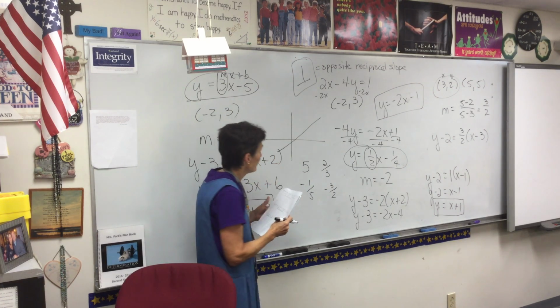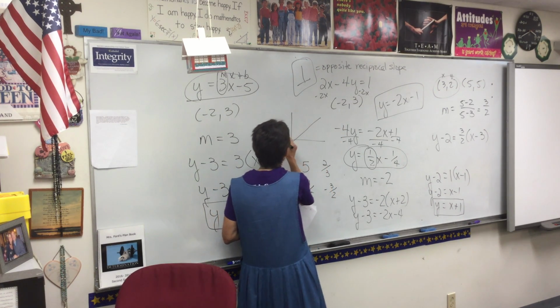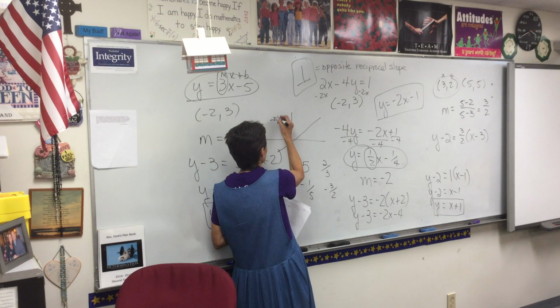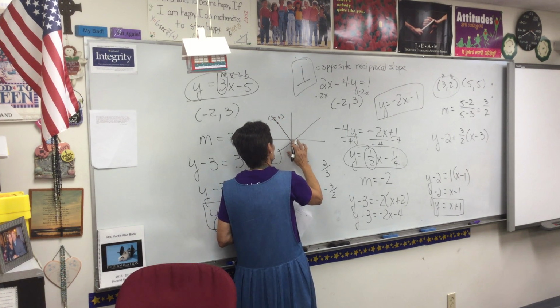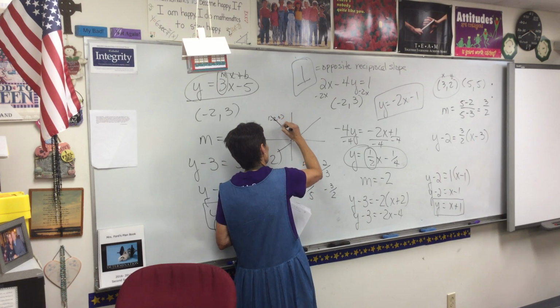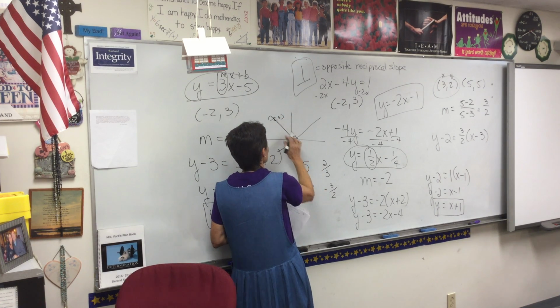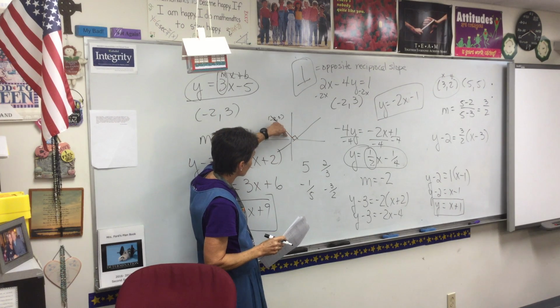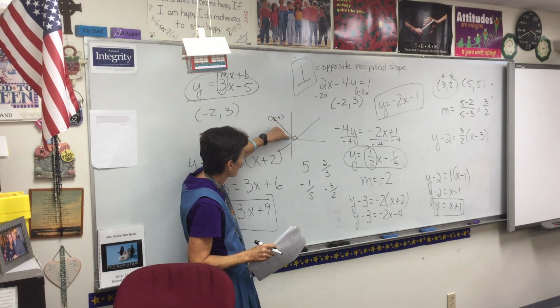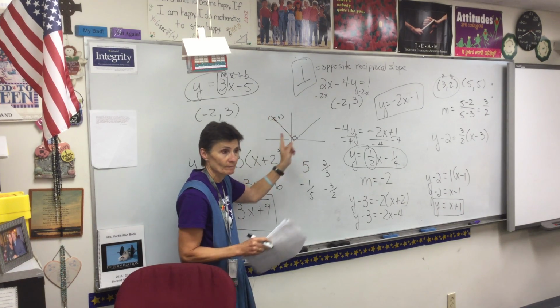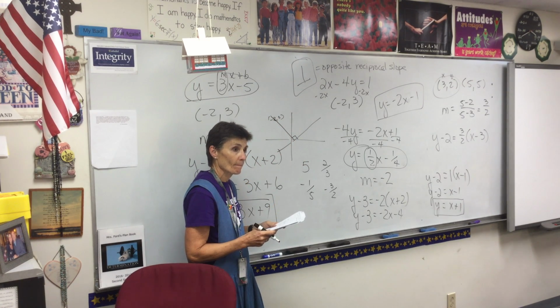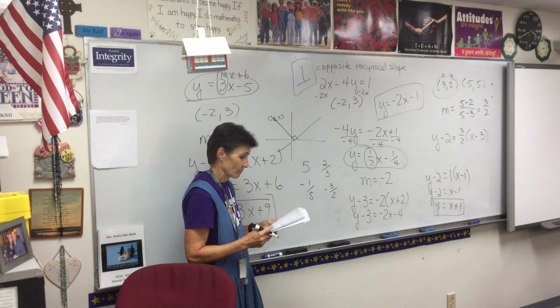The point in question is negative 2, 3. It's over here. And I am writing the equation of this line. It's not going to cross the y-axis in exactly the same place. This is a new line I'm drawing.